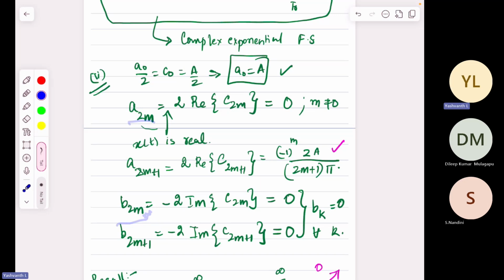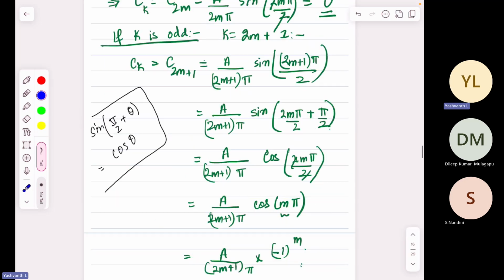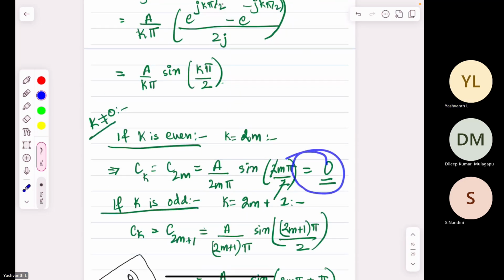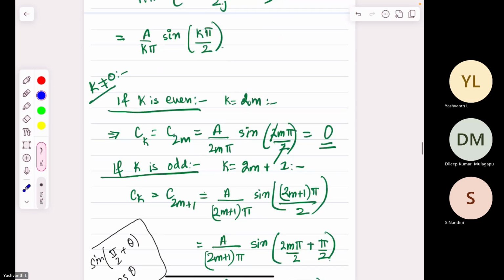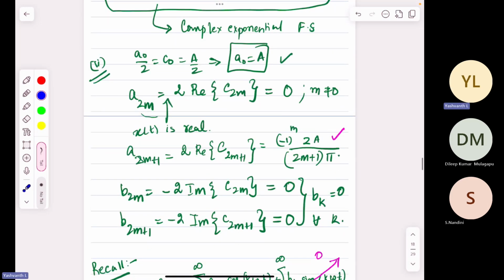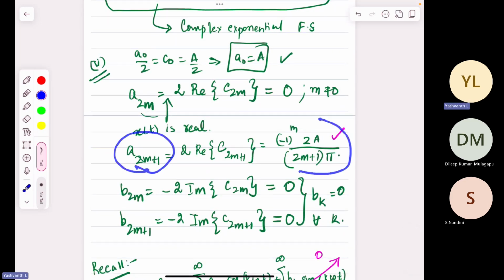You see that a_2m will come out to be 0 because c_2m's are 0. We saw that, right? Similarly, a_2m+1 will have some number. Similarly, b_2m will be a function of c_2m, so it is also 0.